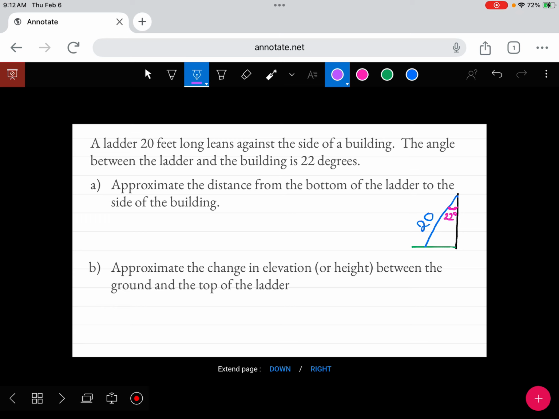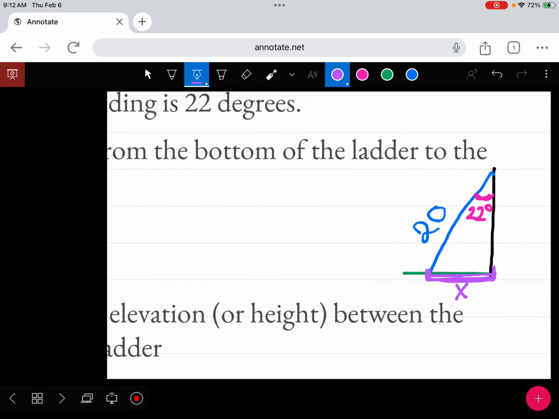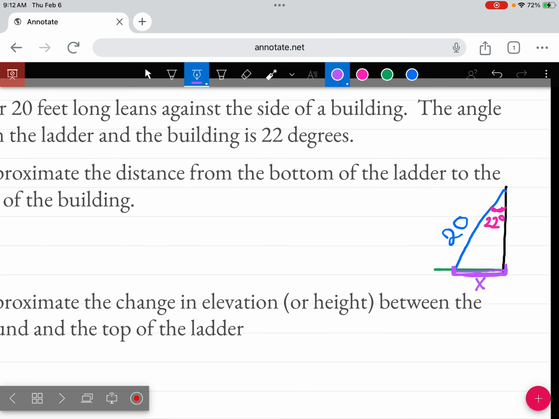We are asked to figure out here in part A the distance from the bottom of the ladder to the building. So we want to know what this distance is down here. The distance between the bottom of the ladder and the side of the building. That's what we want to know. So looking at our triangle here, what pieces do we know relative to this angle?